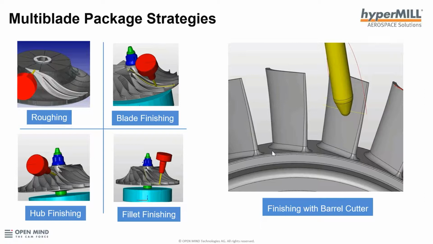And of course, this has a high depth of cut. So using a barrel cutter to finish this makes more sense in this case. So we offer very specific strategies as part of this package that are unique and can be applied for easy programming and manufacturing of these impellers and blisks.